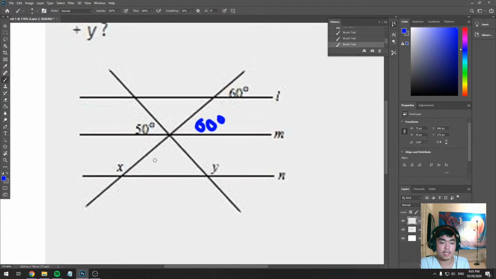This is 60, this is 50, this is 50. I already figured out X and Y, so I know this is 130, 130, 130, 120, 120.